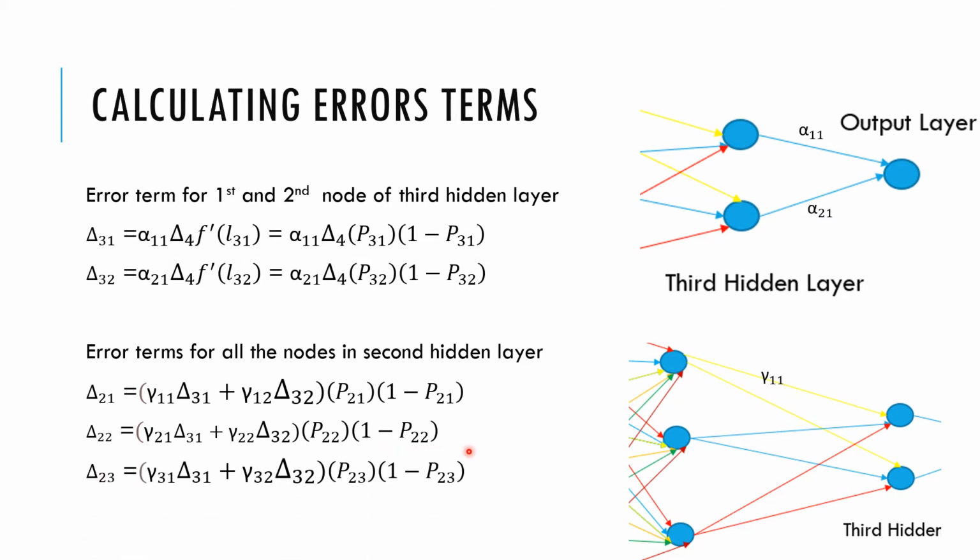That's all it is. Same thing we do for this one to calculate the error term for this. Again, the error term of this multiplied with the coefficient, the error term of this multiplied with the coefficient, and we add them together, and then the gradient of the activation, which is sigmoid, which is P23 into 1 minus P23. That's all we do. So it's a very simple formula. It's not a big deal.